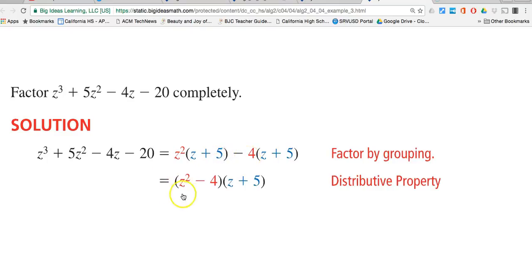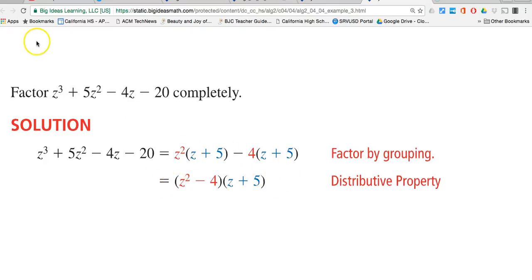So we've got z squared minus 4 times z plus 5. Again, look how this worked out. We've got two terms here. The first is z squared times z plus 5, and the second is -4 times z plus 5. When we take this term in blue and factor it out, we're left with z squared minus 4. Okay, so that's how we get these two binomials.